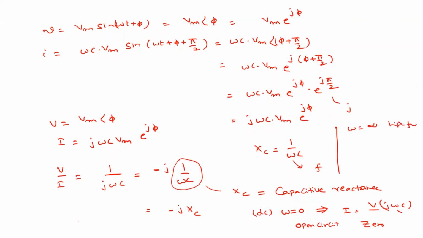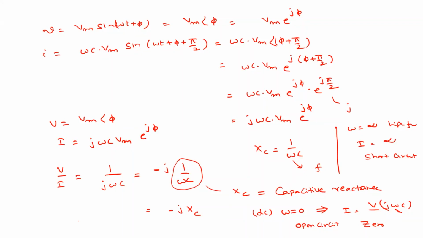Now let us assume omega equals infinite, or high frequency. In that case, the current I has j omega in it, so it will be infinite, which means it is a short circuit. For a DC supply, the capacitor will be open circuited, but the inductor is short circuited.